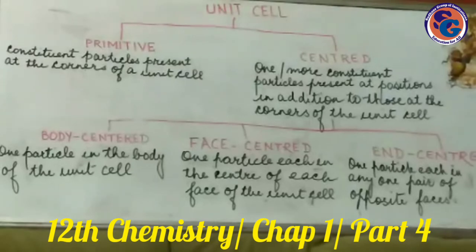Centered unit cells are of 3 types: body centered, face centered and end centered unit cells.